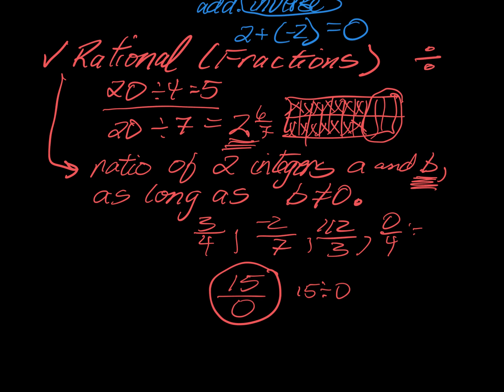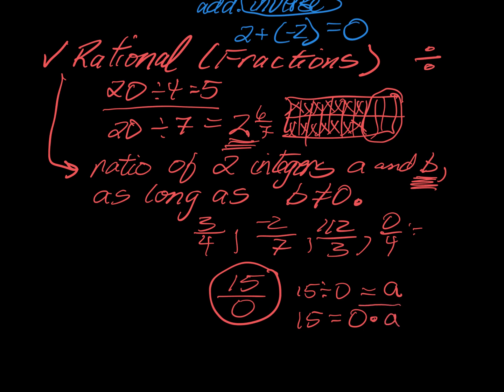And based on our definition of division, which is the opposite of multiplication, if this was true, 15 over 0, then 15 divided by 0 would equal some number A, just some number. We don't know what it is.